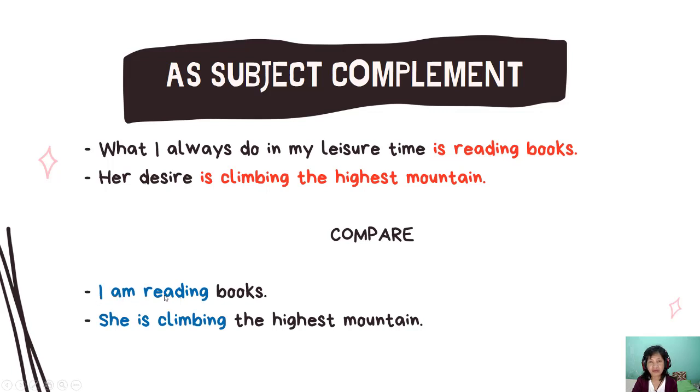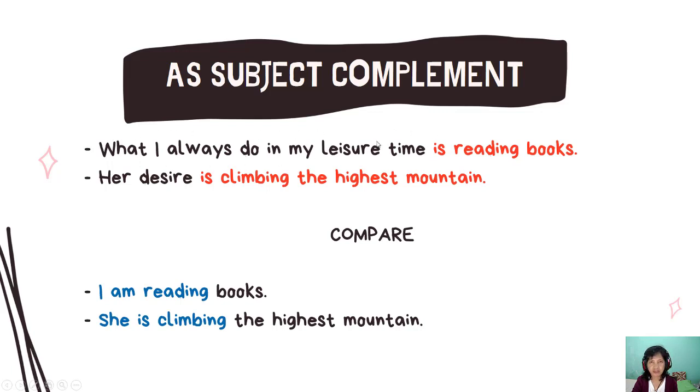But actually they are different because in I'm reading books, reading, and in she is climbing the highest mountain, climbing, are present participles. They show the action of the subject, the activity of the subject. But here, in reading books, reading is not the action, but it explains the subject.